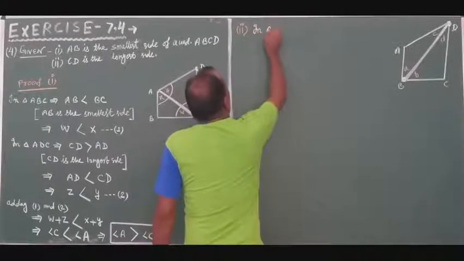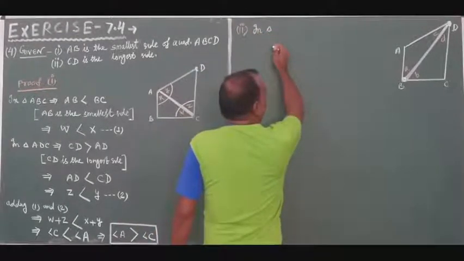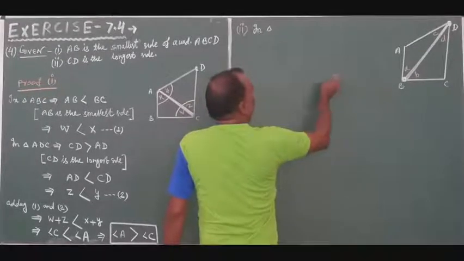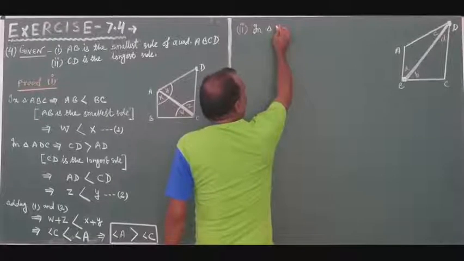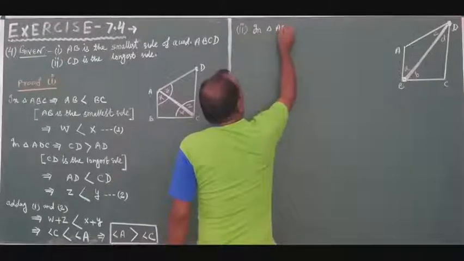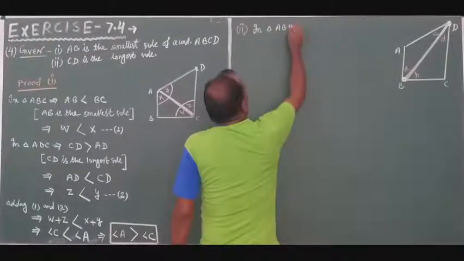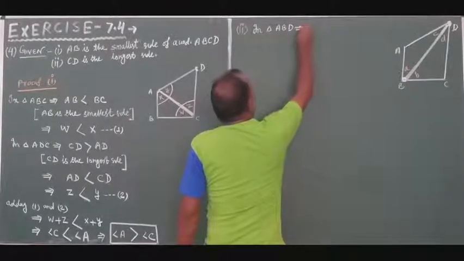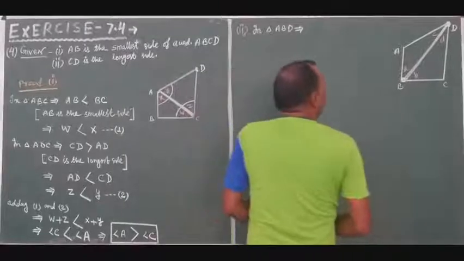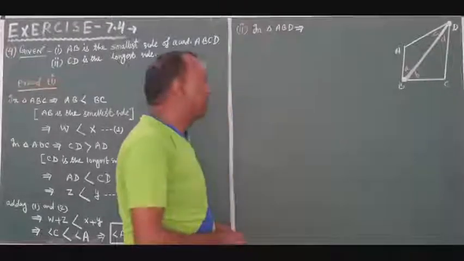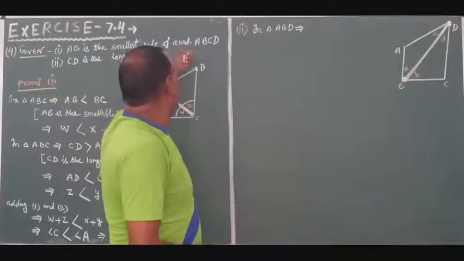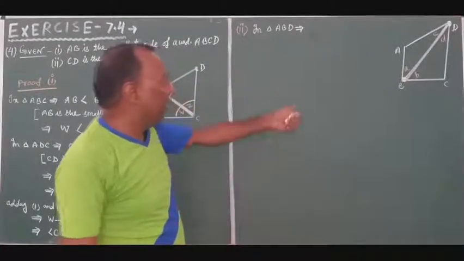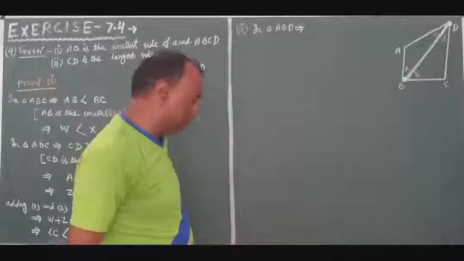In triangle ABD, what is there? AB is the smallest side. It means AD will be greater than AB or not?